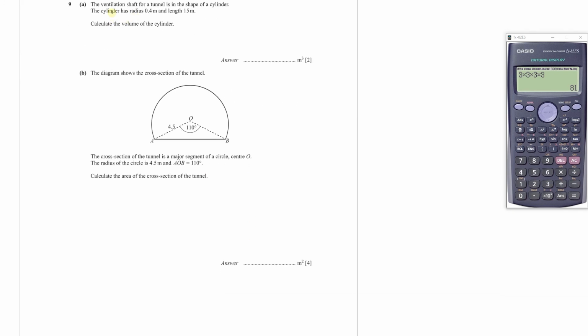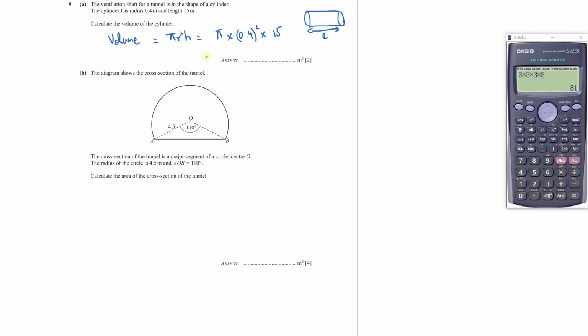So next question is, the ventilation shaft for a tunnel is in the shape of a cylinder. The cylinder has radius 0.4 meters, length 15 meters. Calculate the volume of the cylinder. The formula for the volume of a cylinder is pi r square h. So that will be pi into radius 0.4 square, and then the length of the tunnel. The tunnel is something like this, and this will be the length.